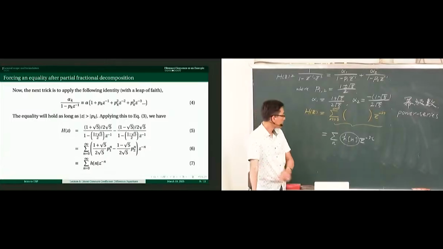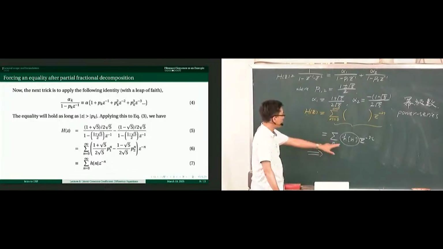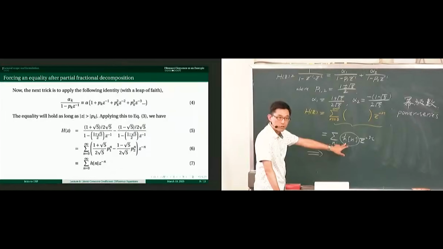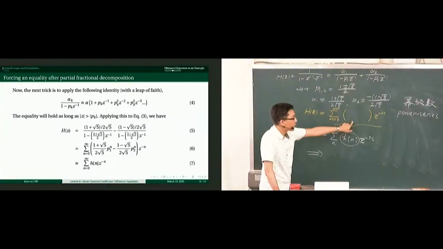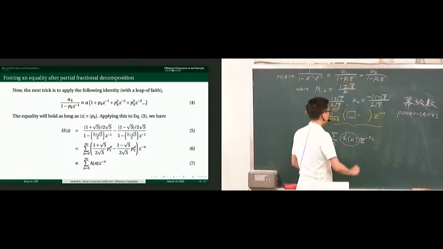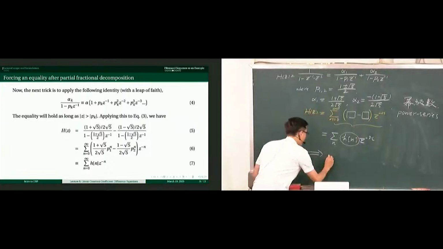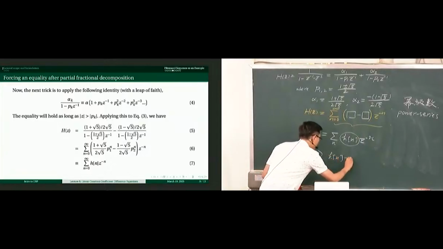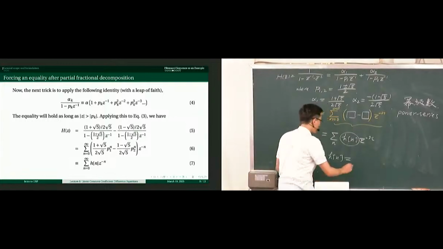So by definition, H of z is the z transform of small h. But now, after so many steps, we have H of z also equal to that, with the sum of two geometric sequences inside. Therefore, h of n for every n must equal that.